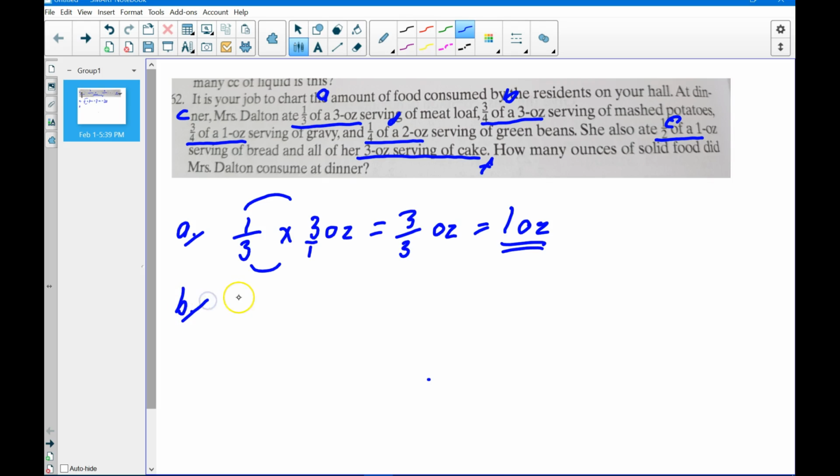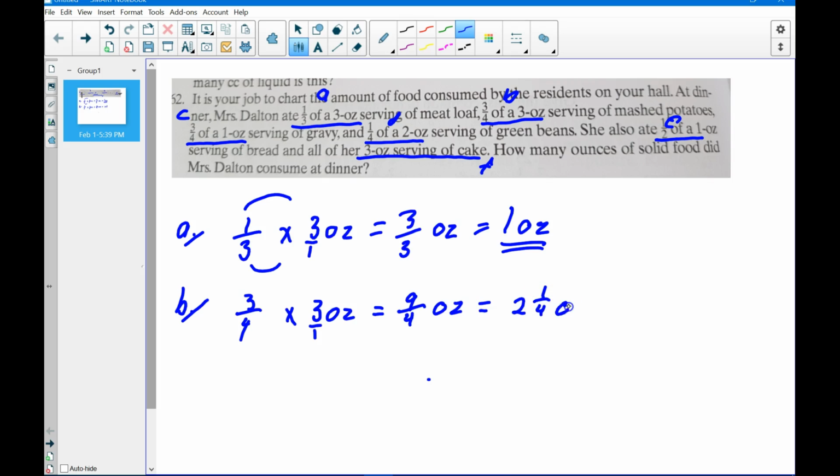B says we have 3/4 times 3 ounces. And again, like before, 3 can be written as 3/1, so this becomes times on the top and times on the bottom, and we get 9/4. 9/4 can be broken down: 4 divides into 9 two times, which gives us 8, with 1 left over.